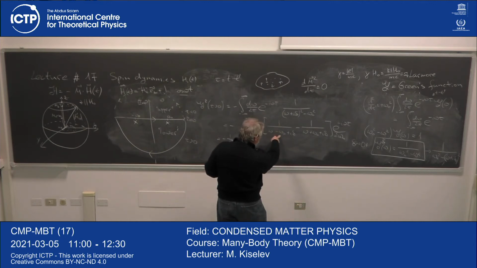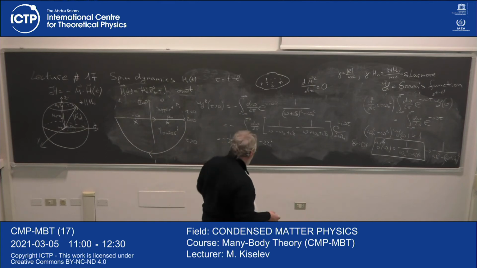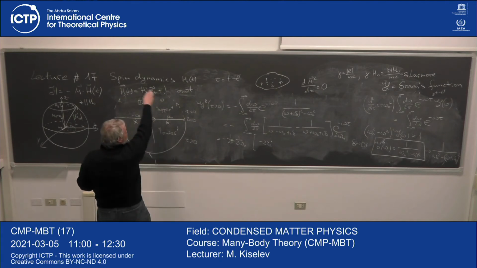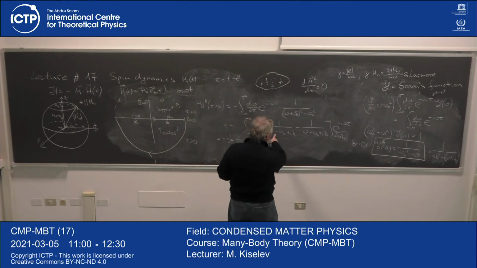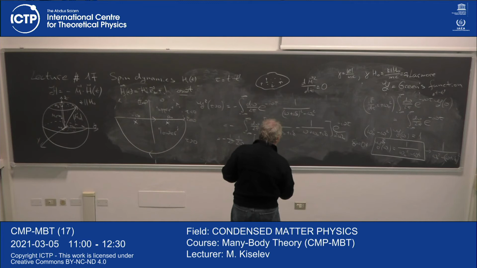So first of all, this term is minus 2 pi i times the residue. Minus because my integral is clockwise. And you remember the sign is plus if the contour is going counterclockwise, and minus if it goes clockwise. So the residue is equal to 1, at the point omega equal to omega naught.